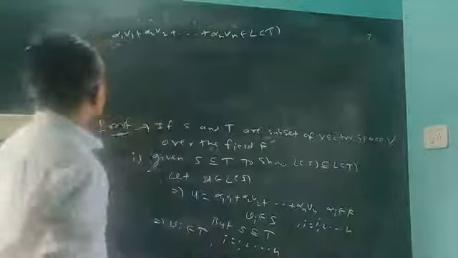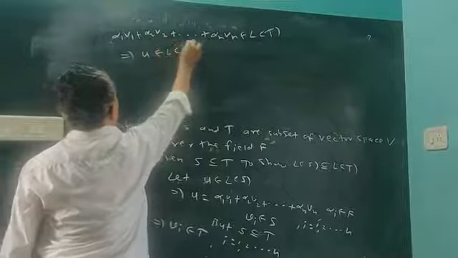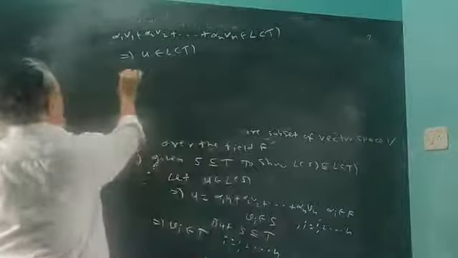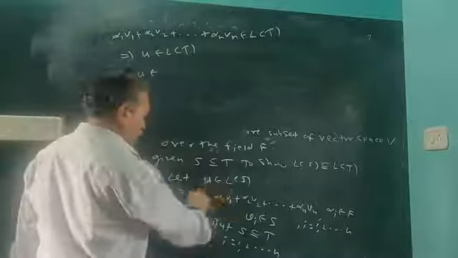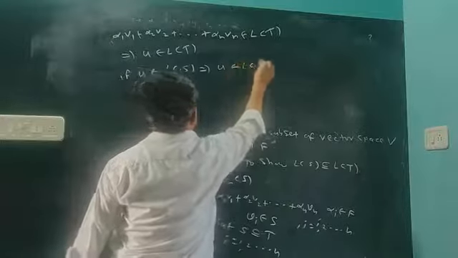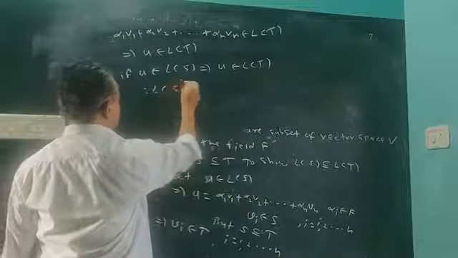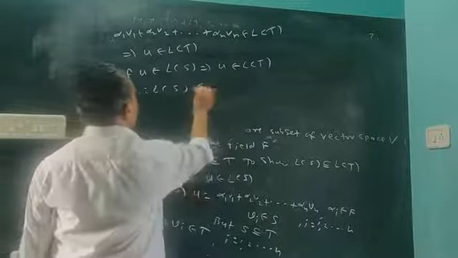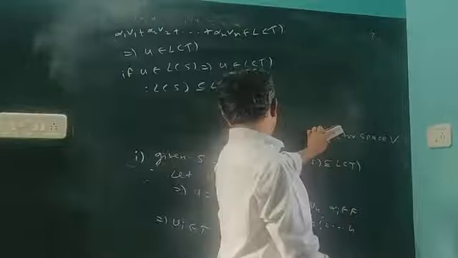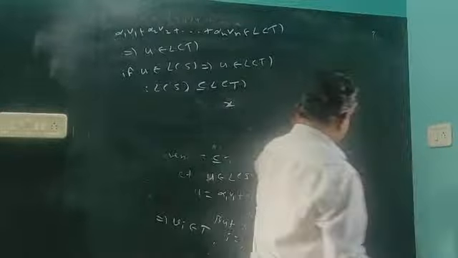So if U belongs to L of S, then U belongs to L of T. That is a subset. So L of S will be a subset of L of T. A simple proof: if S is a subset of T, then their spans are also subsets.